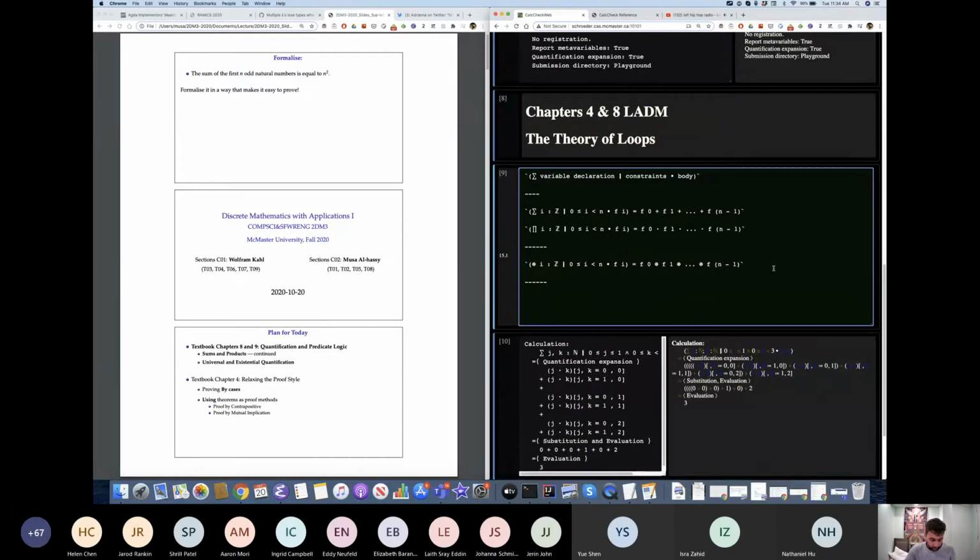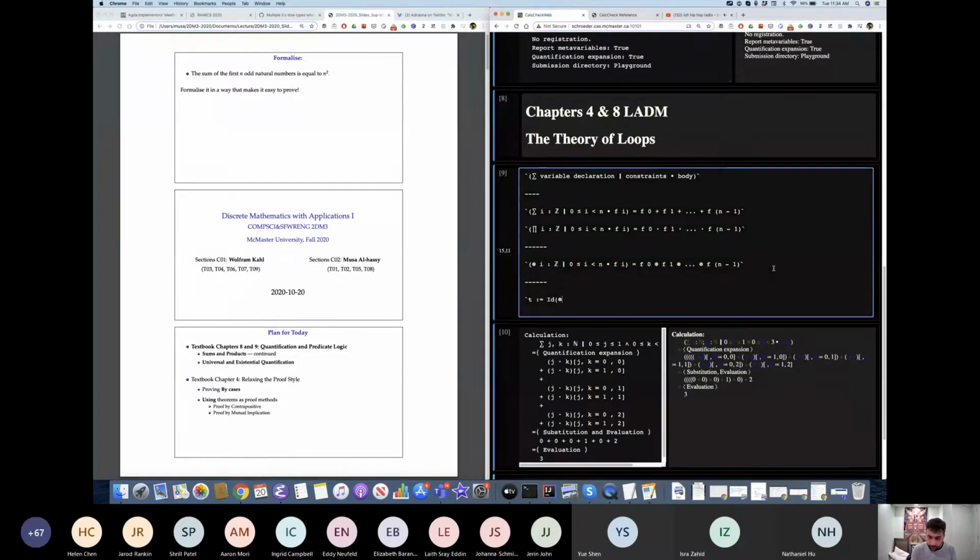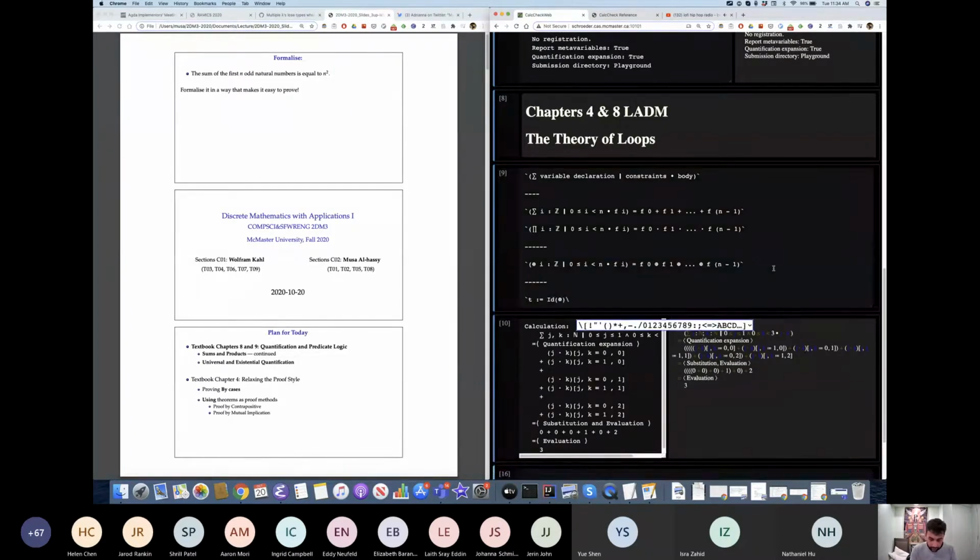Just as a reminder, the idea is: if you say I have a running total that becomes the identity of O plus, then I'm going to say I have a counter, for example, I becomes 0.